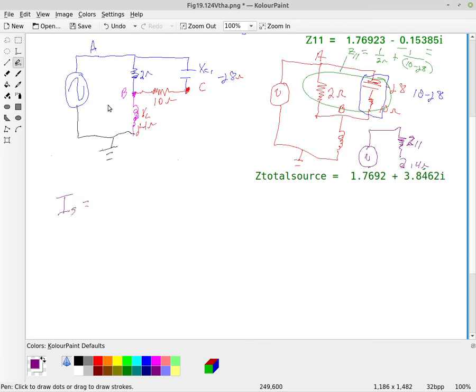That total current is the total voltage, which was 50 volts angle 0, divided by 1.7692 ohms plus J3.8462. Remember, J and I are one and the same here. The calculators like to put I in there, but we like to use J so we don't confuse the I's with current. And so we can calculate that total current.